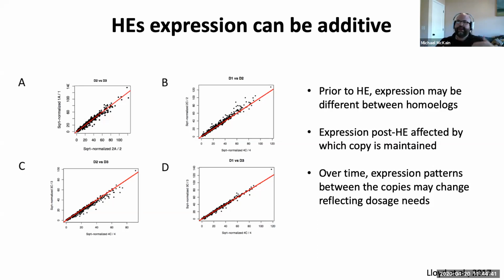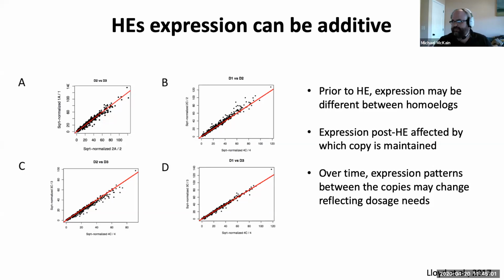We expect that one subgenome might be lower expressed than the other, pretty typical. So what happens if you overwrite the lower expressed one with the higher expressed one, or vice versa? Now you've got two subgenome paralogs that might have been expressing different levels, and you're still trying to make them work in the system.